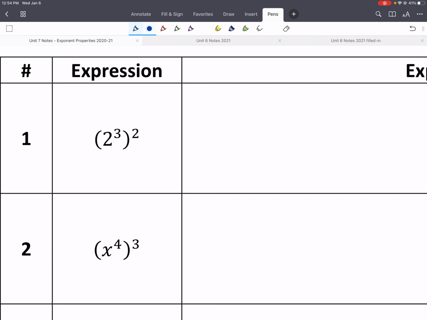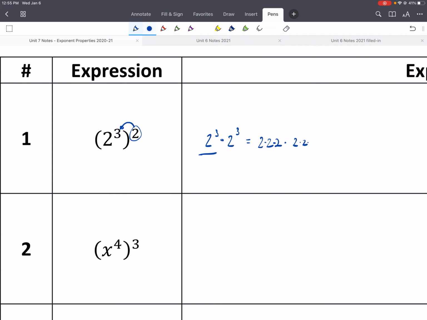Here, if we were to expand this, that's telling us that we're multiplying 2 to the third by itself twice. So that's 2 to the third times 2 to the third. That's just 2 times 2 times 2 for this one, and then 2 times 2 times 2 for the other one.